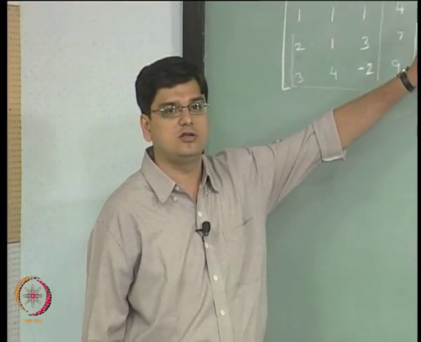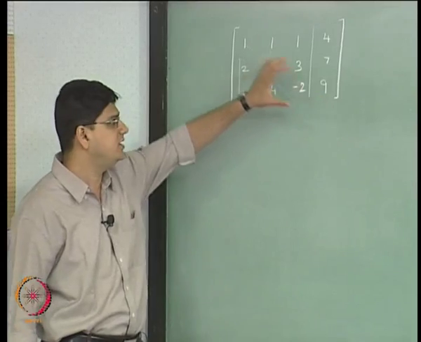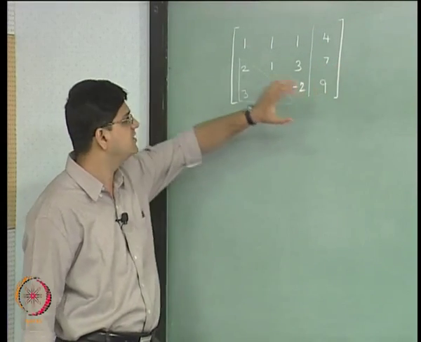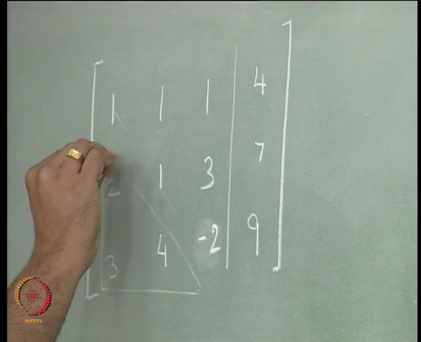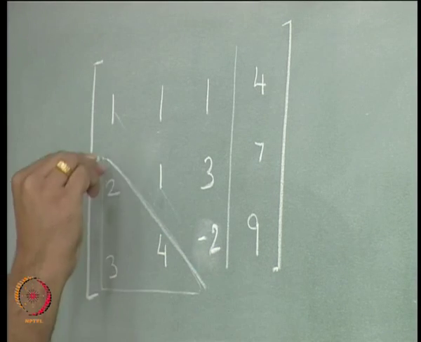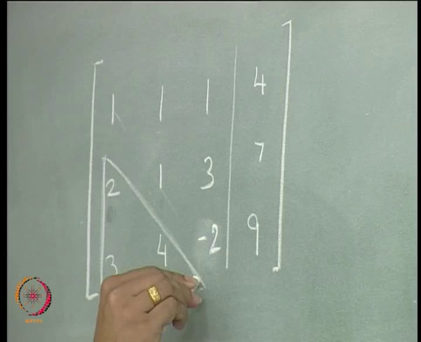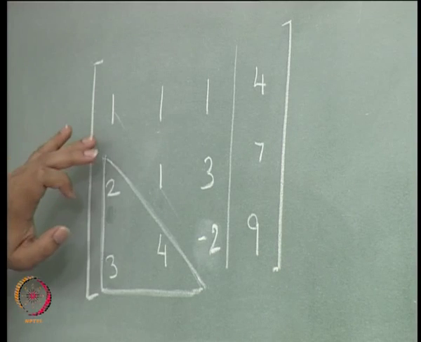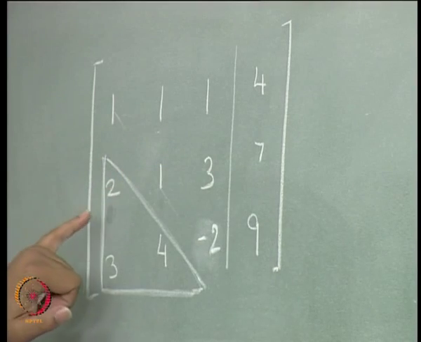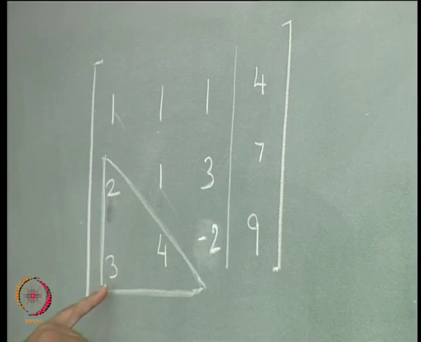I have written down the matrix A and the vector B that we considered in the previous lecture in this matrix form. I have also shown the lower triangle part of this matrix. We are going to make this lower triangle 0 using the Gauss elimination process. We used row 1 to get zeros over here and over here.